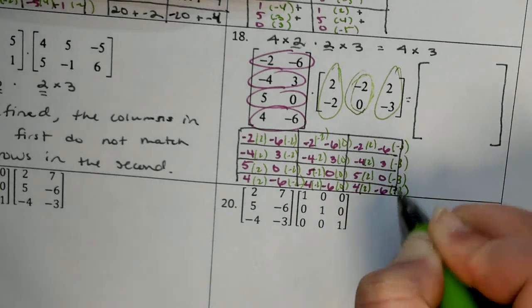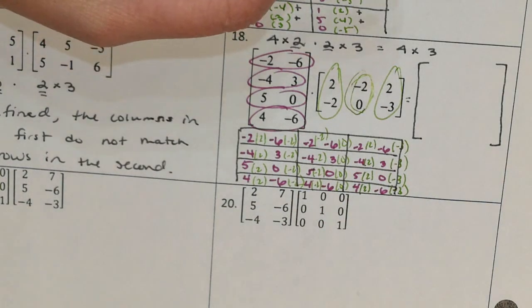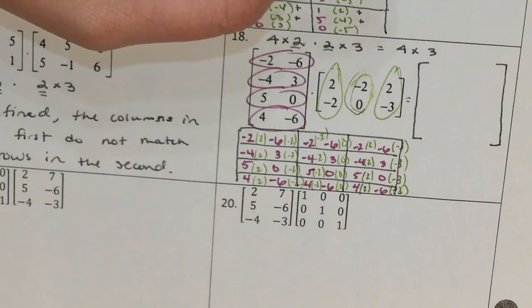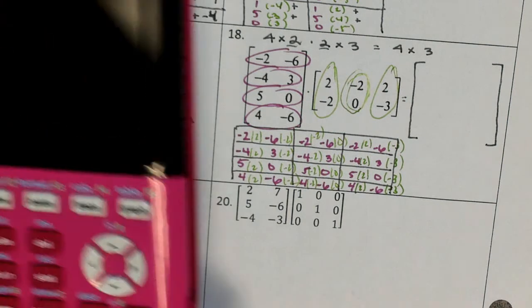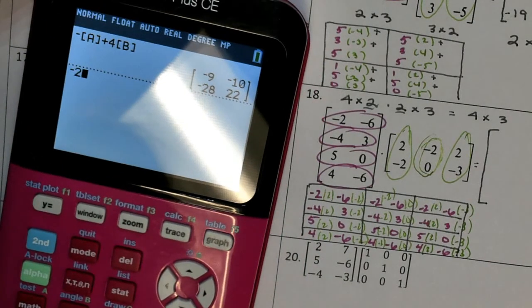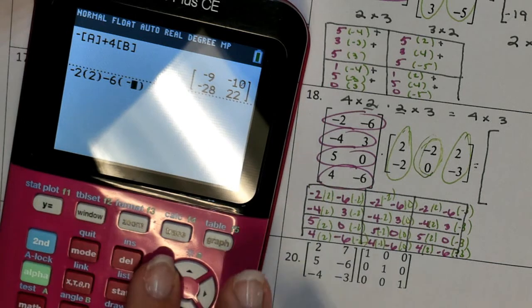This is the hard part, guys. This box here is the hard part. If you can fill that out, then you can do the rest, because the rest is just calculator work. If I type this into my calculator, again, you can type it in all at once if you wish. We had -2 times 2 minus 6 times -2, or plus -6 if you want to write it that way.